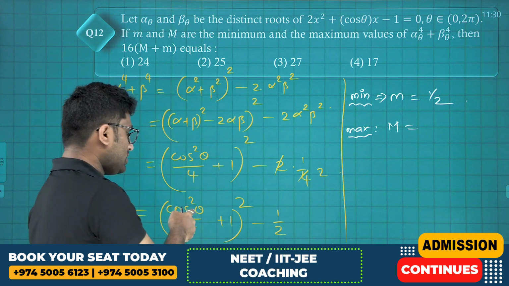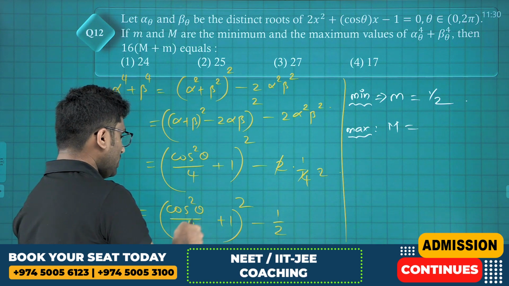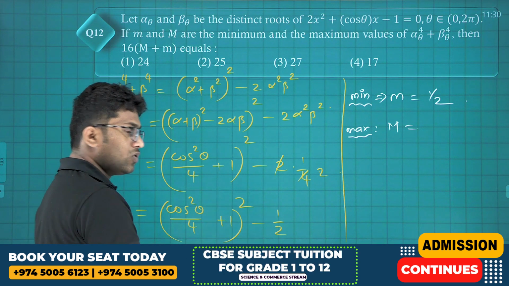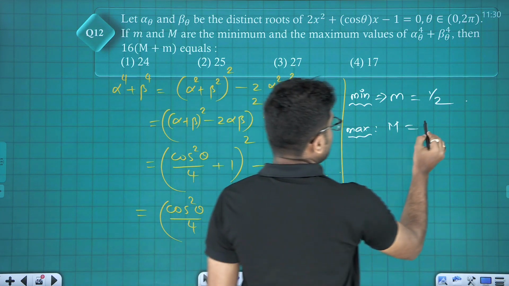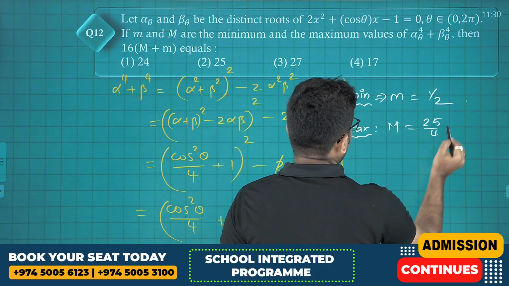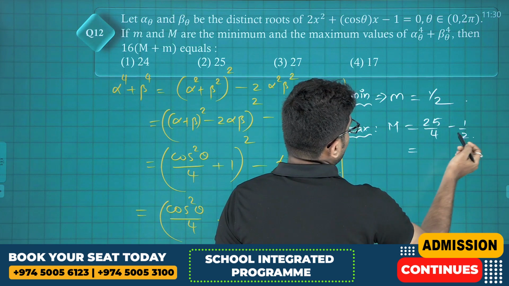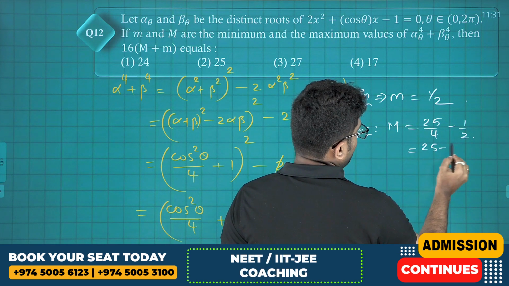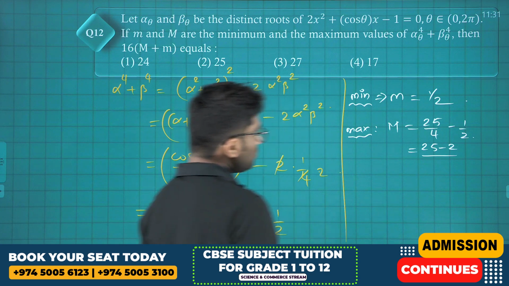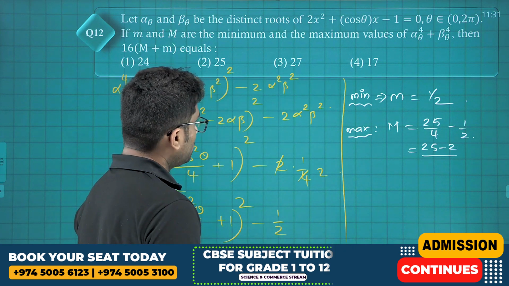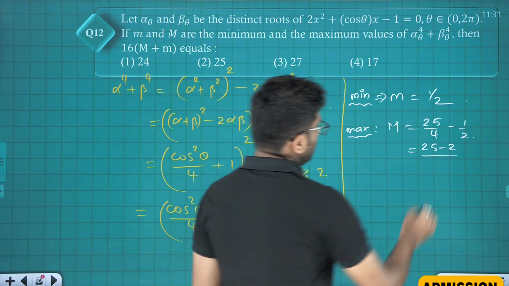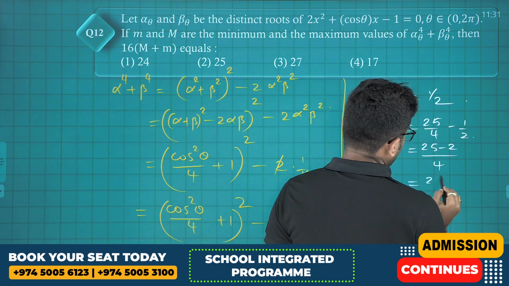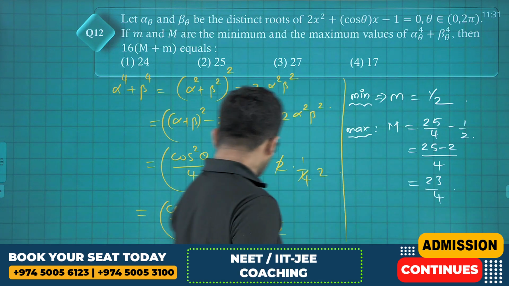Cos theta maximum means cos theta is equal to 1. 1 by 4 plus 1 is 5 by 4. 5 by 4 whole square is 25 by 4 minus 1 by 2. So that is 25 minus 2 by 4, 23 by 4. Correct only, no?